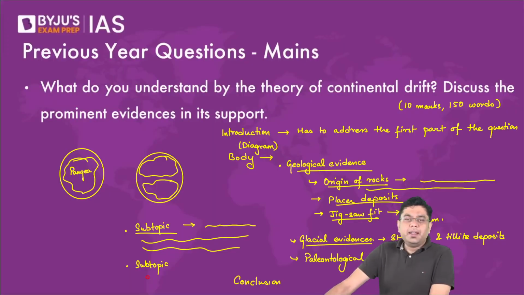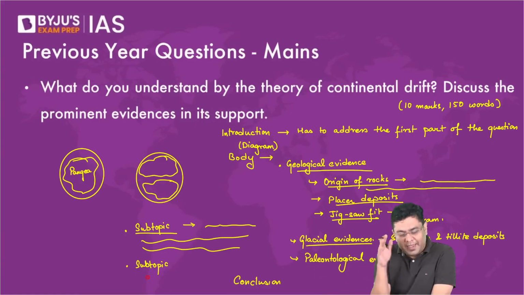So getting full marks, I hope you are able to fathom what is the mark scored by people in GS1. GS1 is of 250 marks. You have all the various toppers. If you look at their marks, what is the marks that they score out of 250 in GS1? They score around 110, which is very good. Considering the portion of GS1 and the marking of GS1, it is very good.